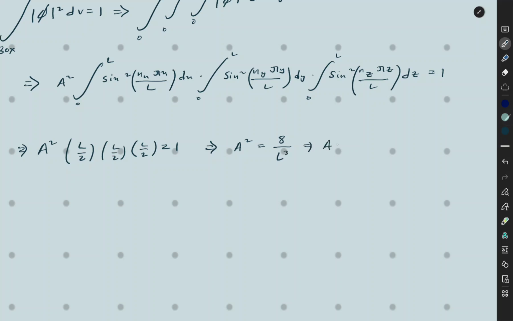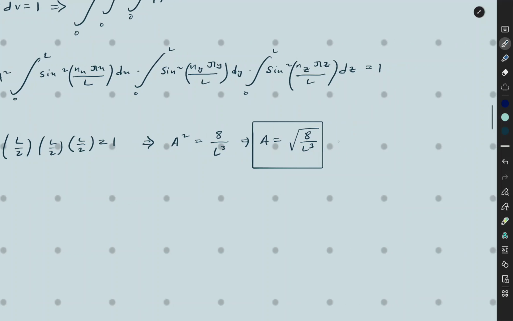So it simplifies to A equal to square root of 8 by L cube, or we can write it as 2 by L whole to the power of 3 by 2. That is also possible. This is the same as the previous one written.